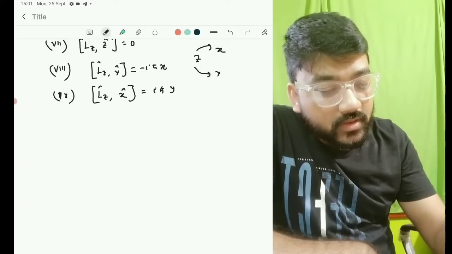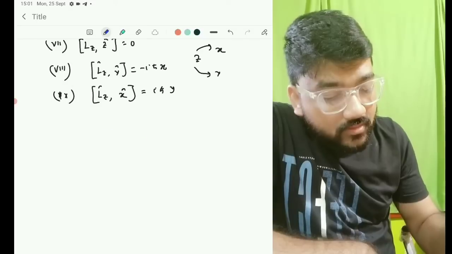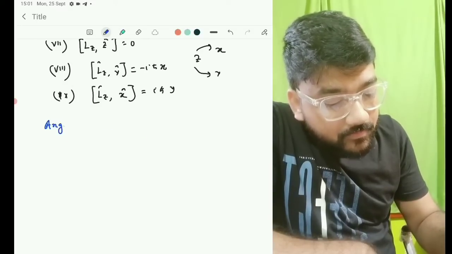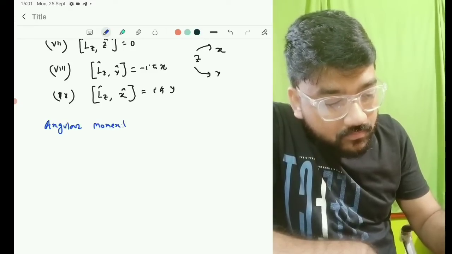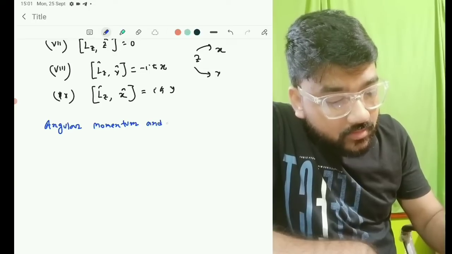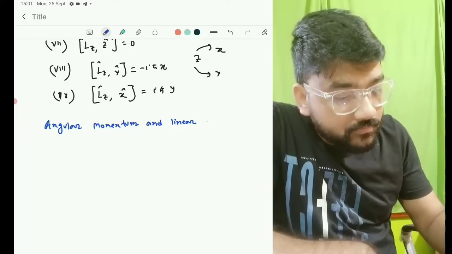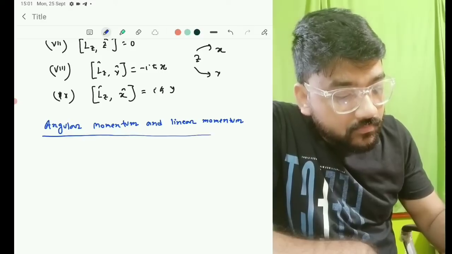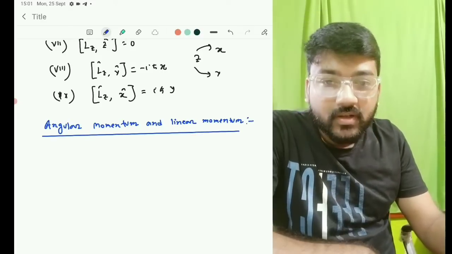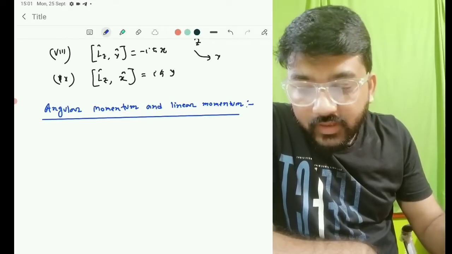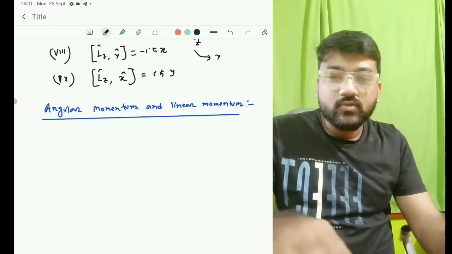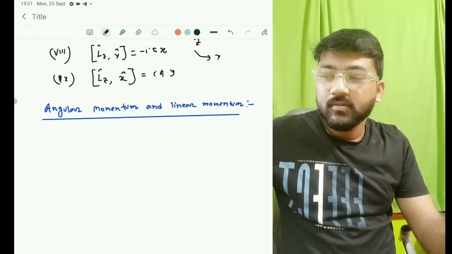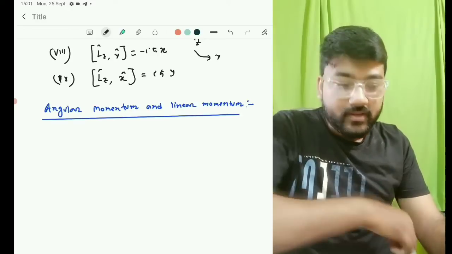Similarly we can write for angular momentum and linear momentum operators. Between angular momentum Lx, Ly, Lz and linear momentum, that means Px, Py, Pz, we can write that also. So let me write that.